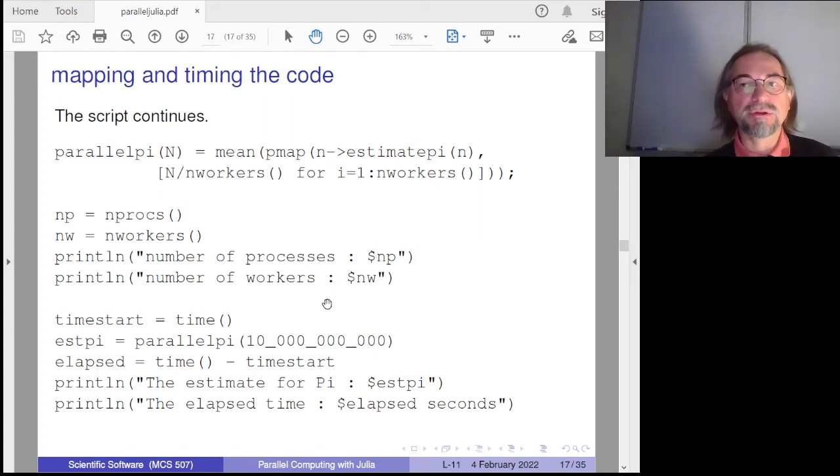When I run this with 4 workers, the main process will, as they say in Unix terminology, fork 4 worker processes. And we will do the timing in exactly the same way as before.